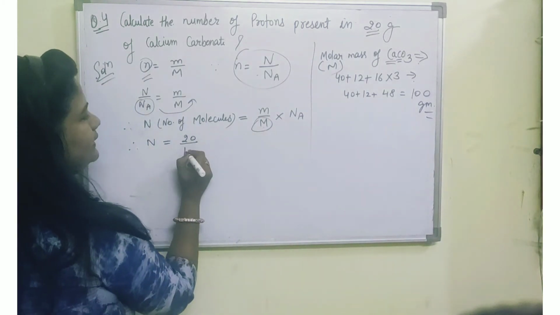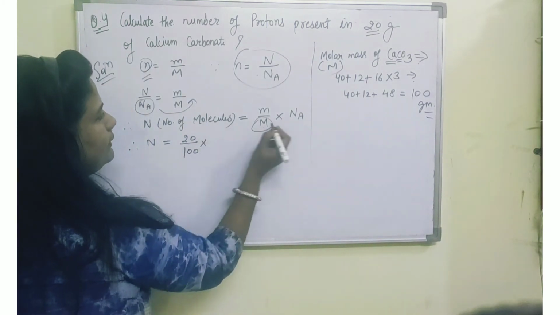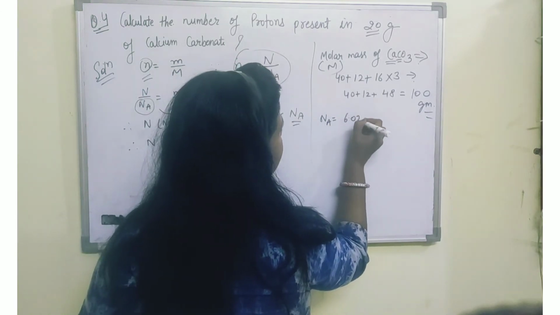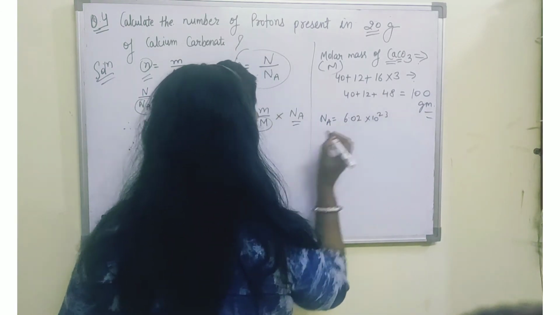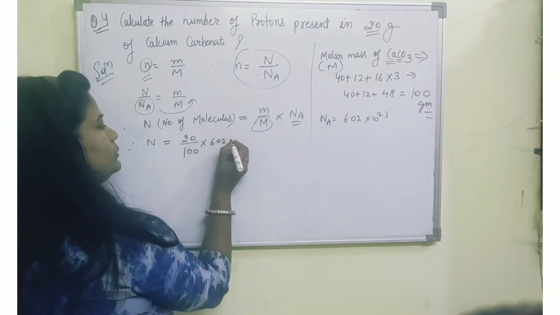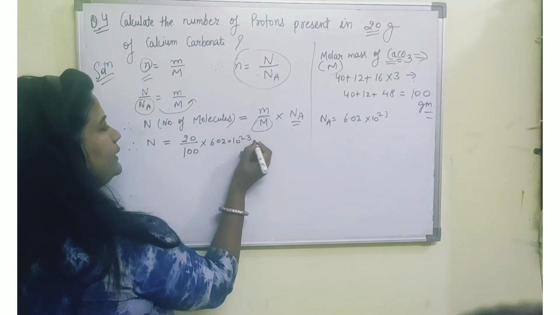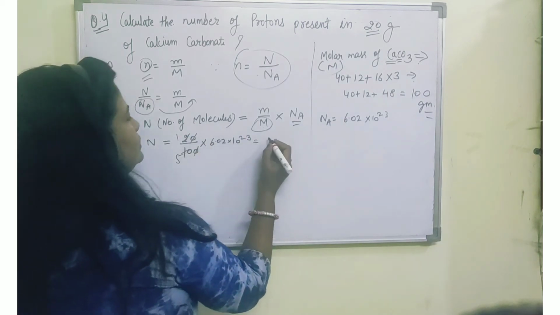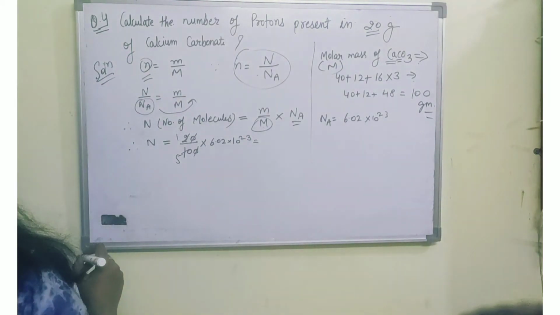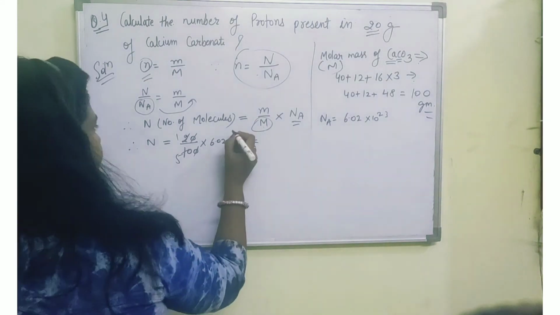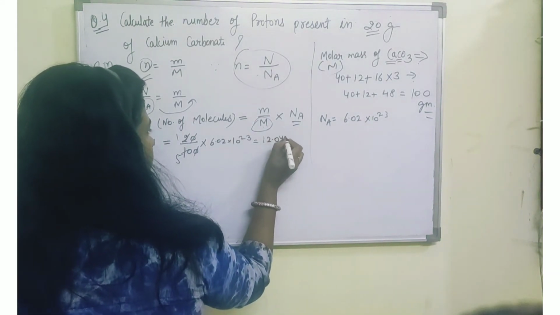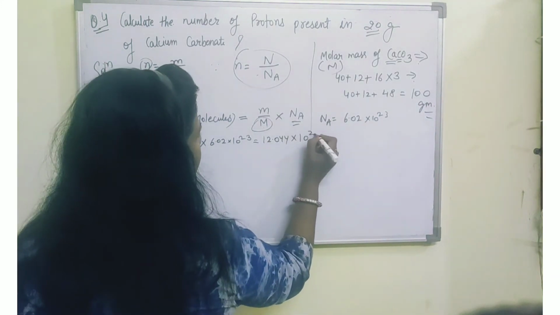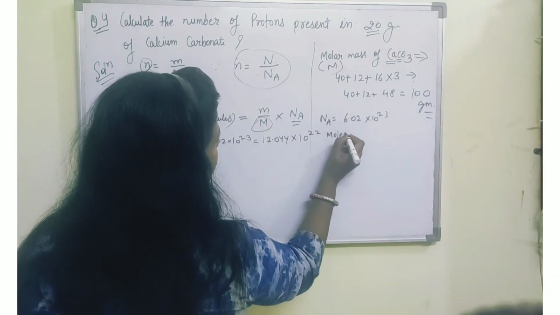So we will divide 20 by 100 multiplied by Avogadro number, Na, which is 6.02 into 10 raised to power 23. So the answer you will get is 12.044 multiplied by 10 raised to power 22 molecules of CaCO3.